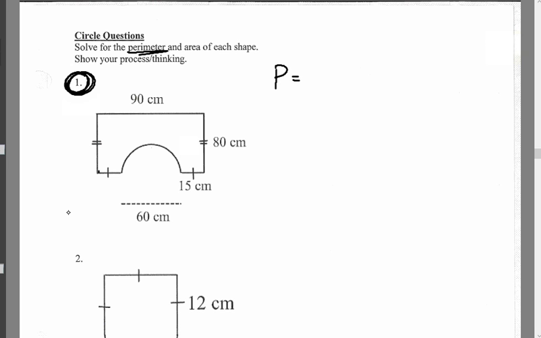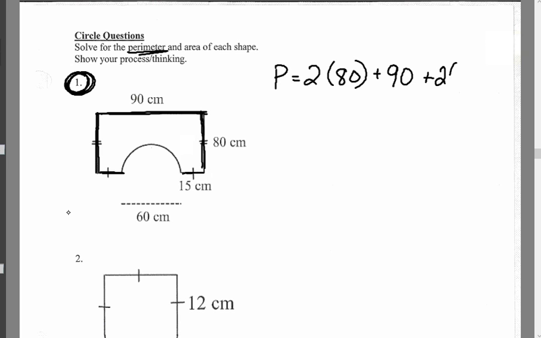Well, the perimeter has 2 double tick sides. So I have 2 80 centimeter sides. It has 1 90 centimeter here, plus 90 centimeters. What else do we have? Well, we can see we have 2 single tick lengths. If I were walking around this, I have 2 15s.